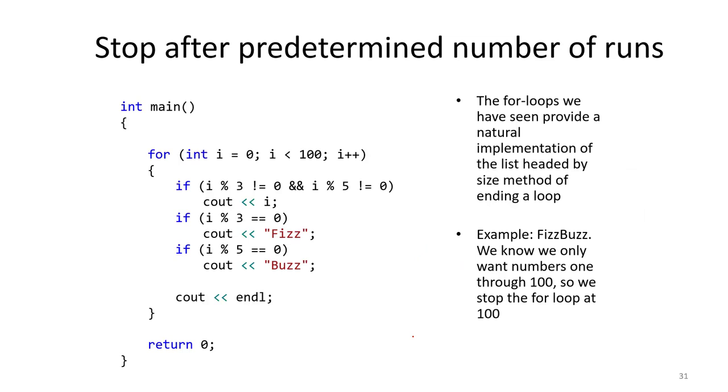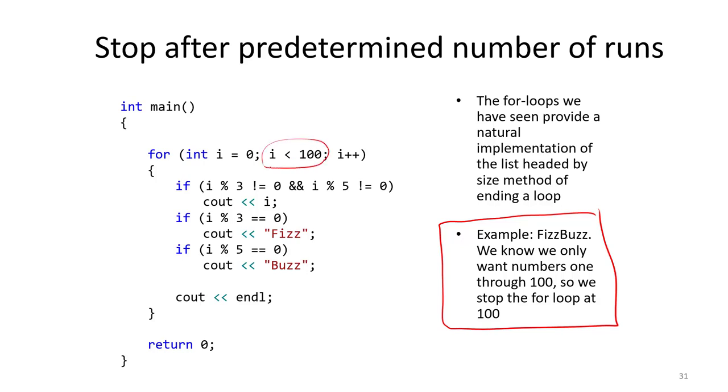Another way to control our loops is to stop after a predetermined number of runs. So a good example of this is our FizzBuzz program. We know that we only want to output numbers 1 through 100.